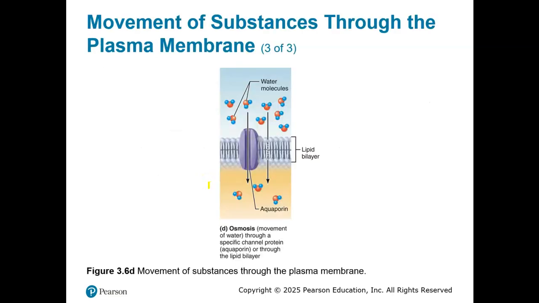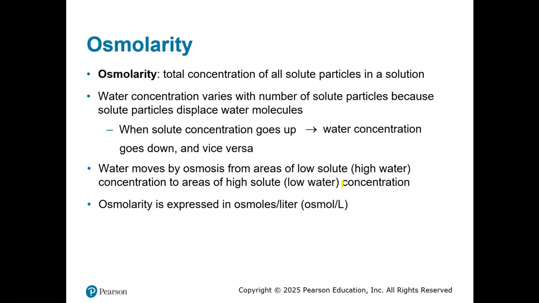So osmosis is the movement of water that occurs due to differences in concentration of certain solutes on each side, on the outside of the cell and inside the cell. So this is just a picture of aquaporins. But water is going to follow the rules of diffusion or passive transport.